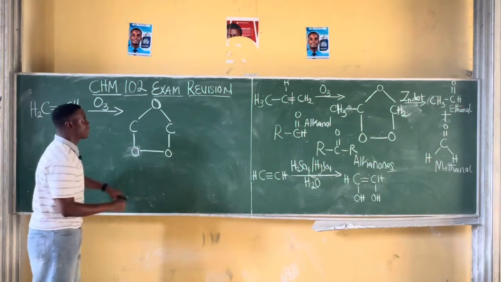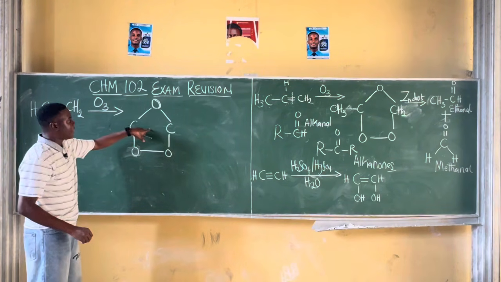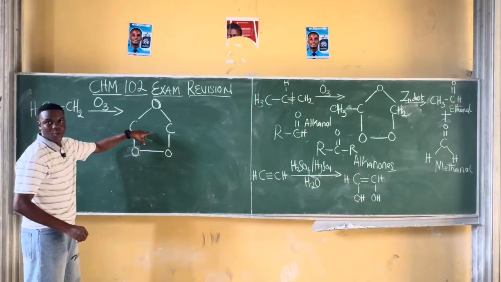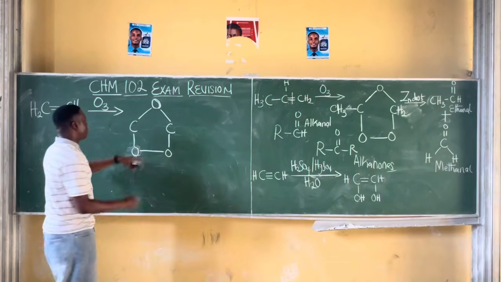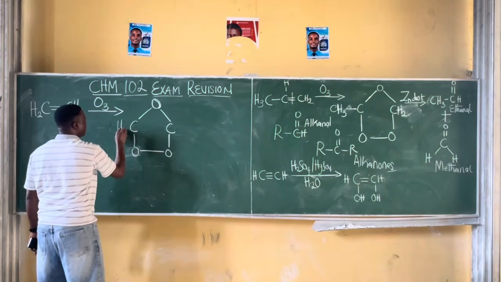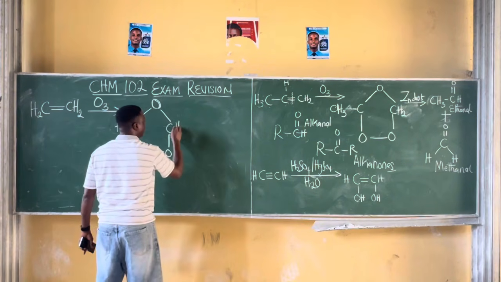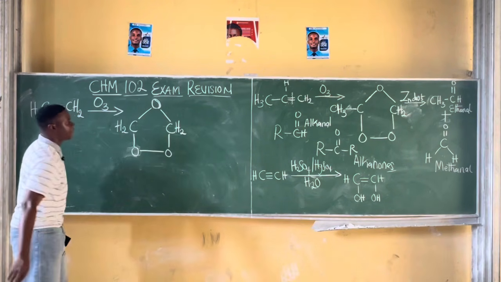So that first question mark, this is what you put, okay? So I need to complete it with this H2. All right, so this is what you put in the first question mark.